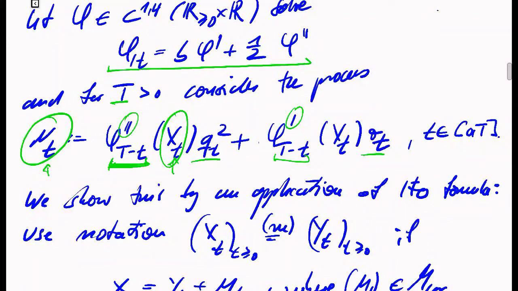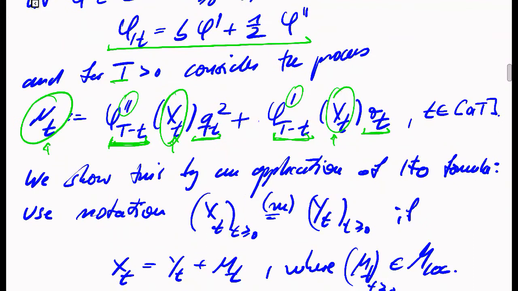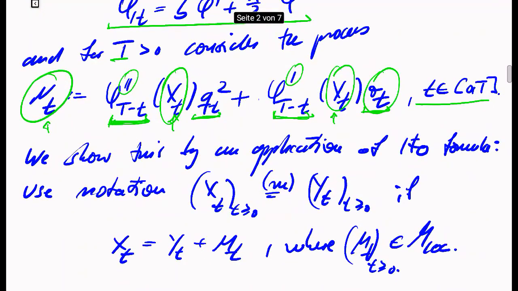This will be evaluated at spatial position X_t, multiplied with the Q process squared, and I add to this the first order derivative of the phi function evaluated again at this inverted time and at the location of the solution process, and this will all be multiplied with this R function. And the claim is now that this real valued process is a local martingale.